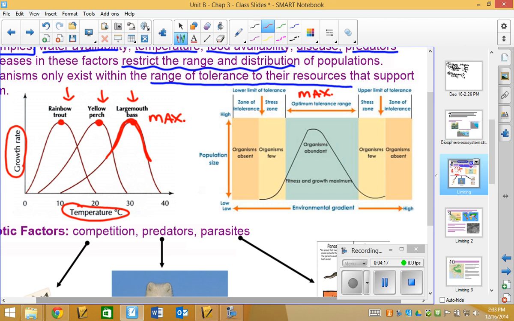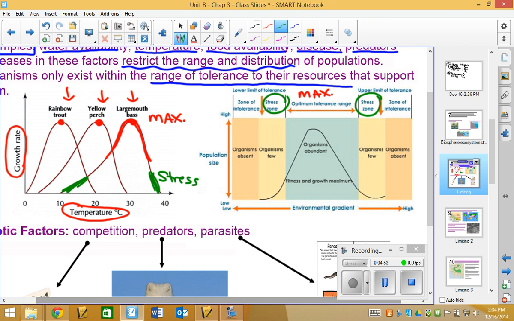This means it's the best for them. Now once it starts getting really low, like down here and down here, we enter the stress zone. That means that the organism can survive, but there's not very many of them, or they're not growing very much. In other words, something in their environment is making it difficult for them to survive.